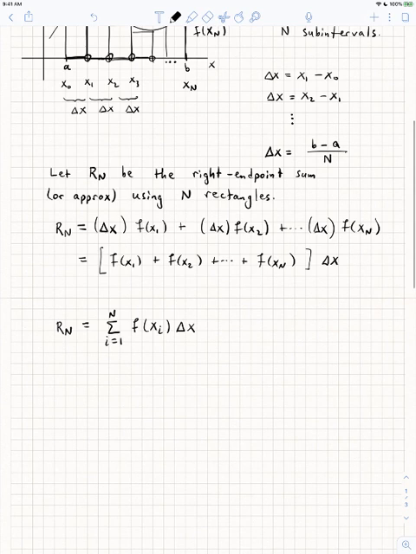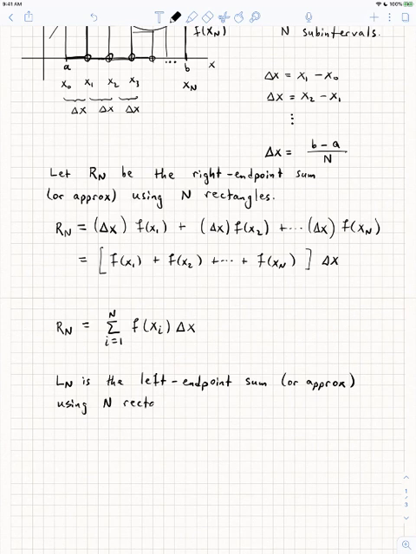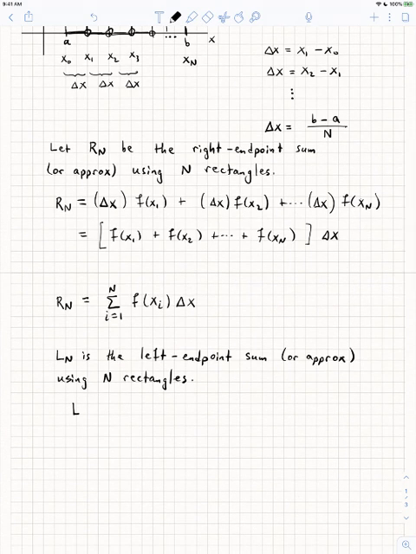Similarly, we can use the left endpoint sum. So L sub n is the left endpoint. Sometimes it's called the left hand sum. Left endpoint sum, again, or approximation, if you prefer, using n rectangles. In this case, L sub n, you use the left endpoints.